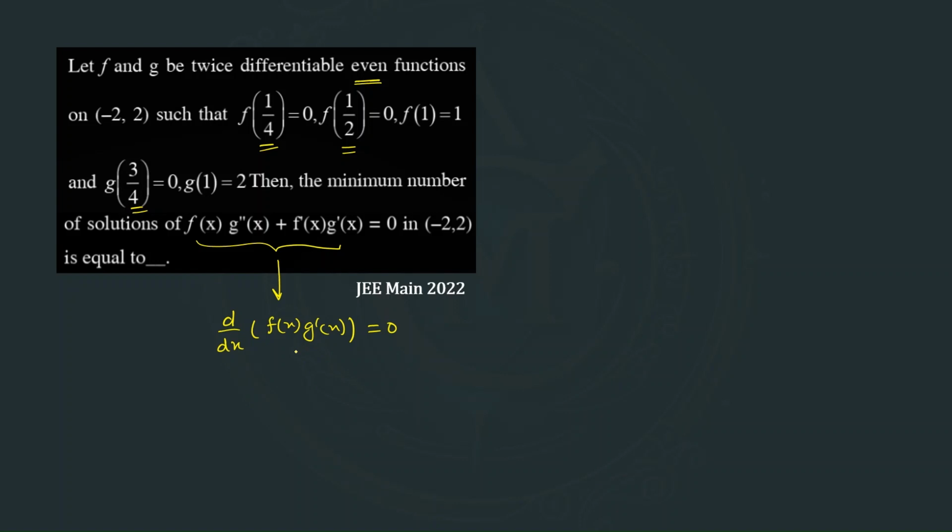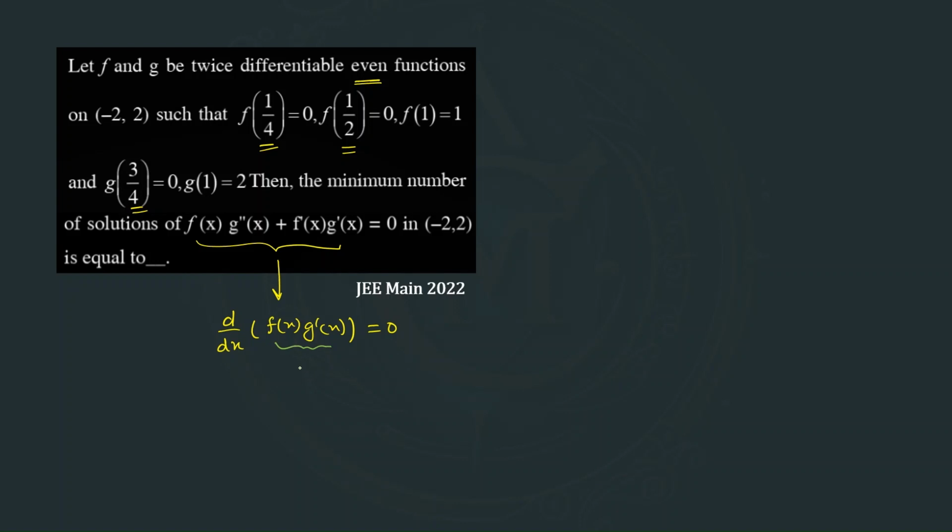That means if we somehow determine the minimum number of roots of this function f x times g dash x, then by Rolle's theorem we can say that the minimum number of real roots of the derivative of this function will be simply 1 less than the number of real roots of this function f x g dash x.